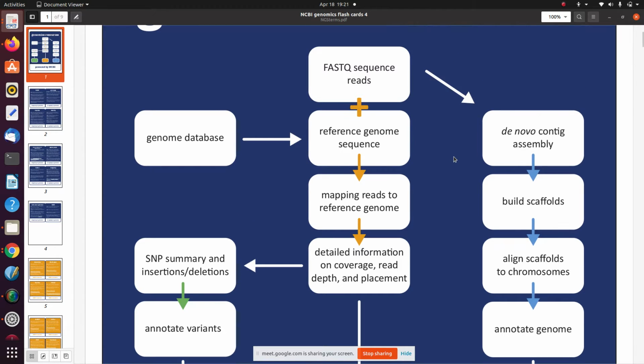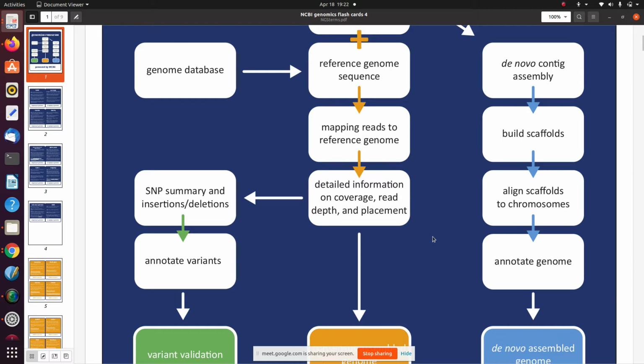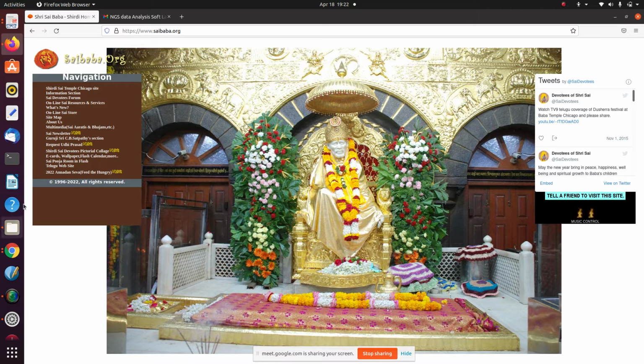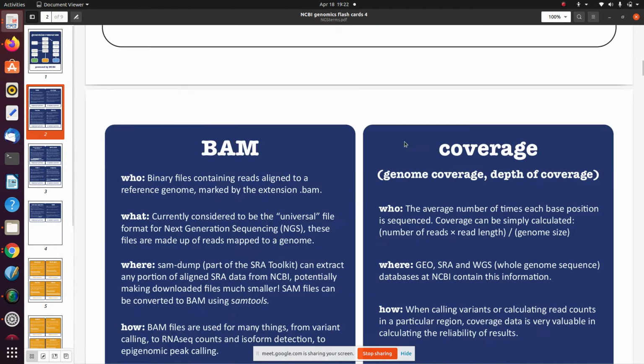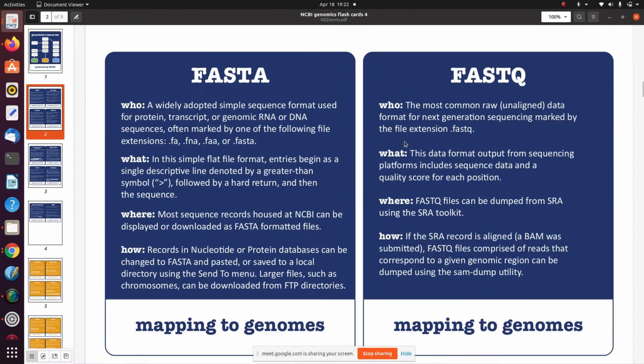But for de novo contig assembly, we do it directly from the FASTQ reads. So first of all, do you know about FASTA format? Yes. So let's revise what is FASTA format here.